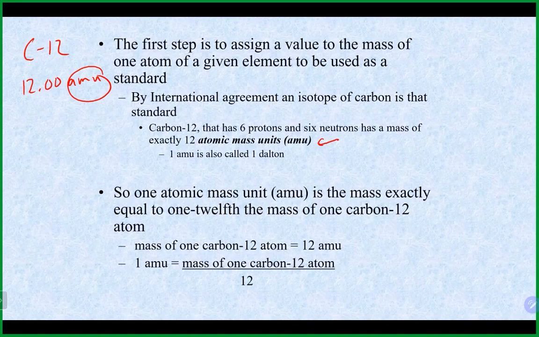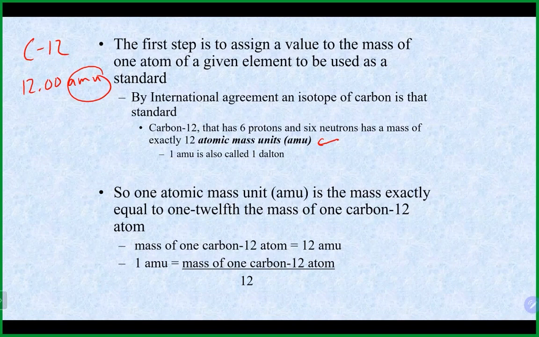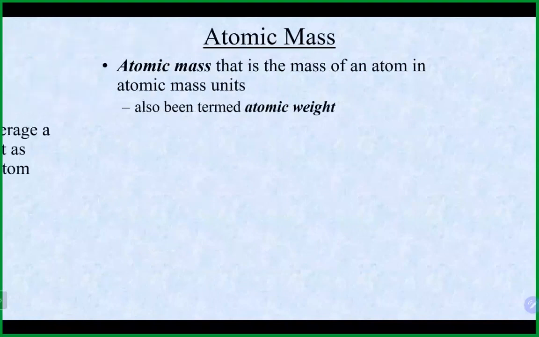So basically, they used the carbon-12 isotope, which has 6 protons and 6 neutrons. And they measured everybody in comparison to that carbon-12 isotope and said, like, hydrogen's only about 8% as big as the carbon-12 isotope. So they did a bunch of calculations to come up with the atomic masses that we see on the periodic table.